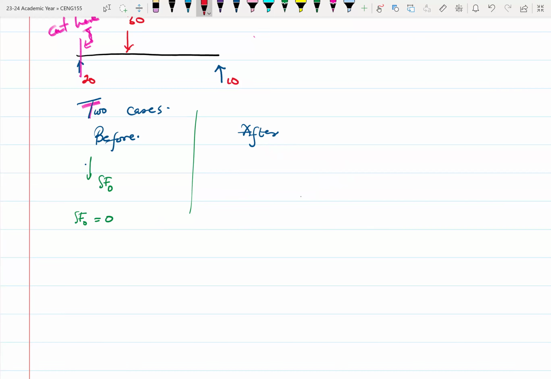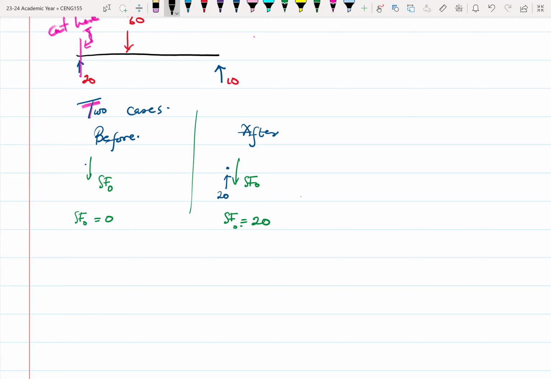Then just after, when we cut the section where we include the point load, the 20 kilonewton, our shear force at that point becomes 20, because the reaction is on the left of the point SF. So it becomes 20.